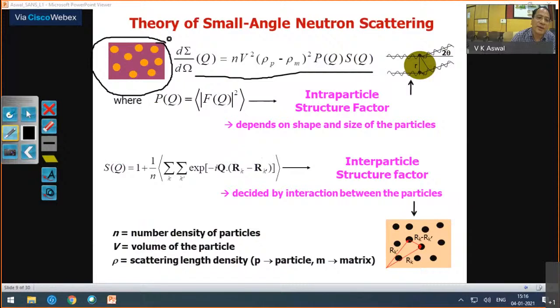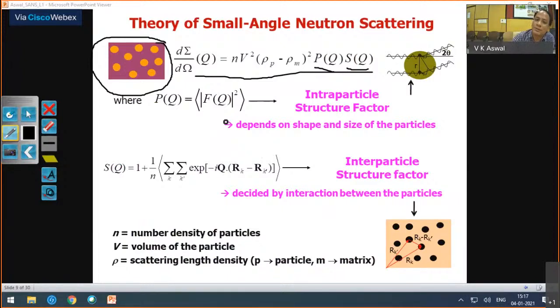And then the functionality of your scattering curve depends on these two terms, P of Q and S of Q. P of Q is called the intraparticle structure factor, and S of Q is called the interparticle structure factor. So what is happening is when you have a large particle like biomacromolecules, your neutrons will be scattered from the nuclei of different atoms within the particle and interfere.